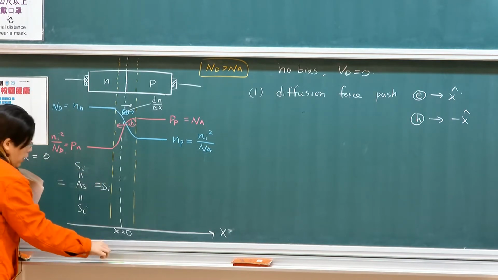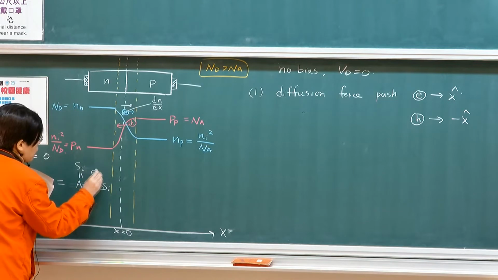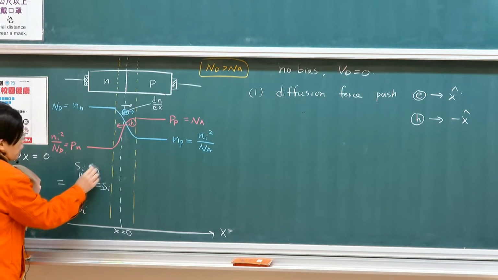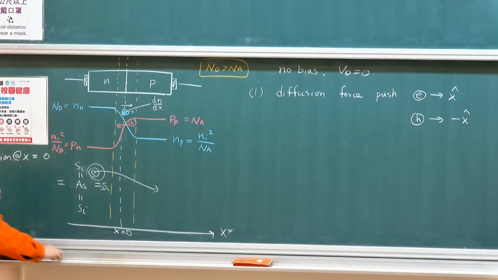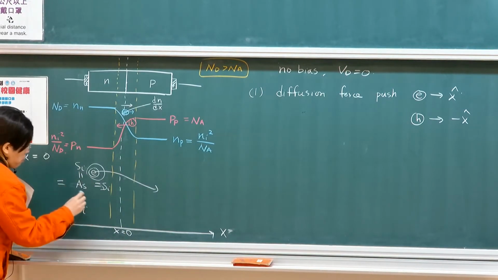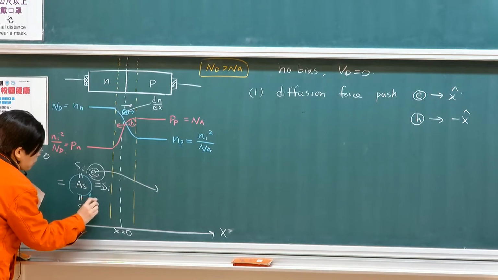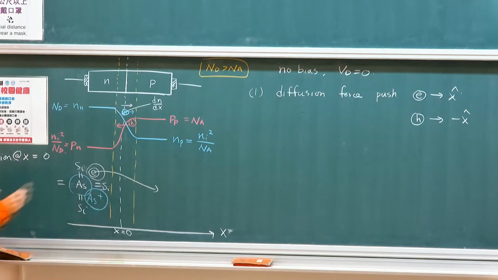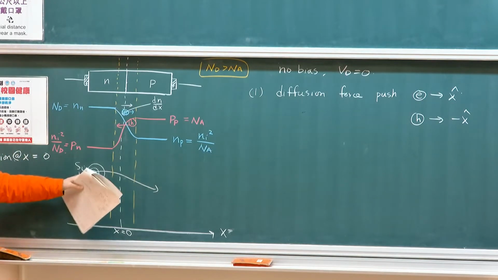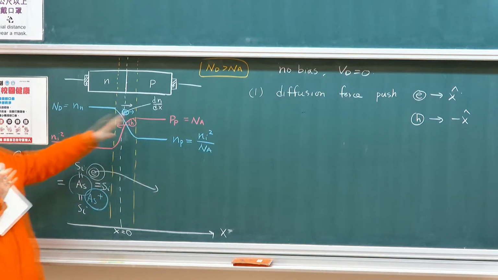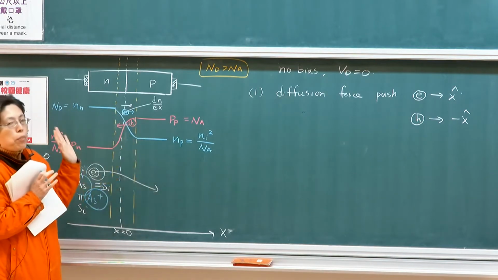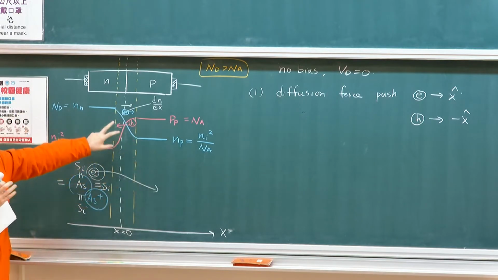So within this range, if this electron leaves this region all the way to the right, then there will be As plus, ionized impurity. Once this electron leaves, all of them are left because there's a lot less, being pushed by this diffusion force.